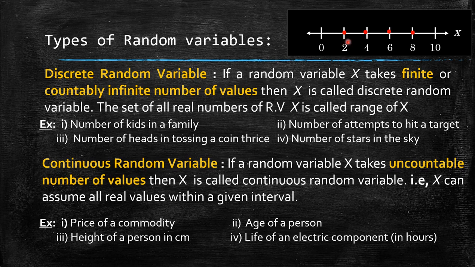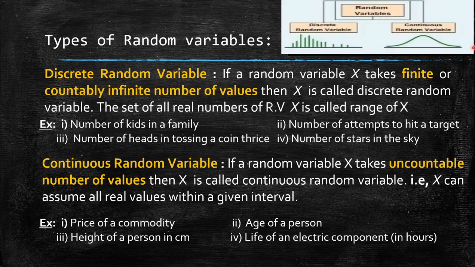If it is a DRV, it takes point by point values 2, 4, 6, 8, 10, etc. If it is a CRV, the range is from this point to this point. If I draw the probability function for a discrete random variable, the curve looks like this. For a continuous random variable, it is the curve of a continuous function.